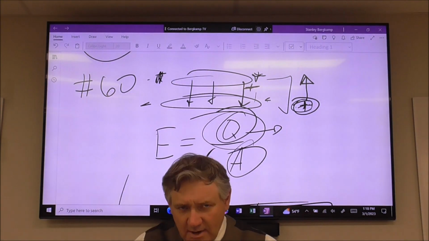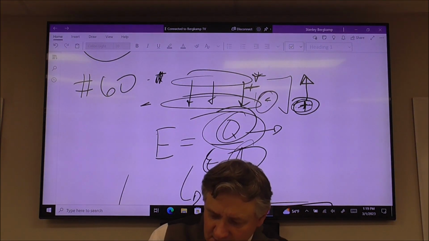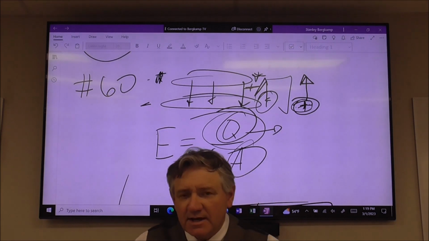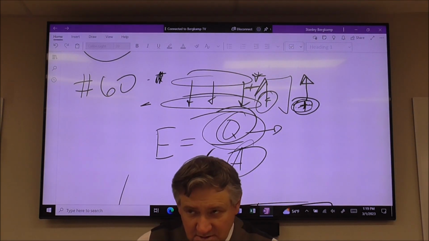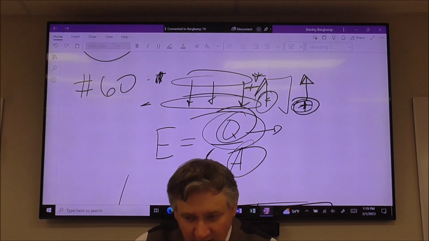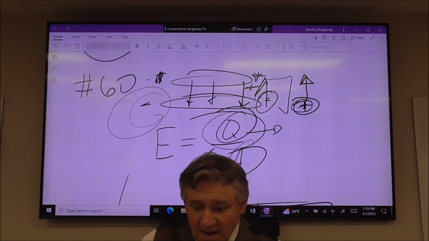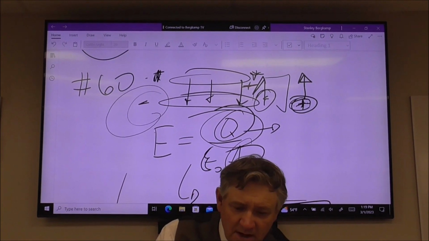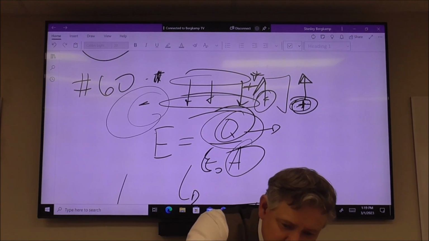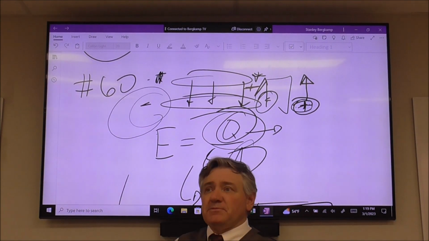The first thing you have to decide is whether this thing is going to slow down or speed up as it goes across. It's going to slow down because it doesn't want to leave the negative, and then it's being repulsed by the positive. That's a similar idea to me throwing this ball up in the air.